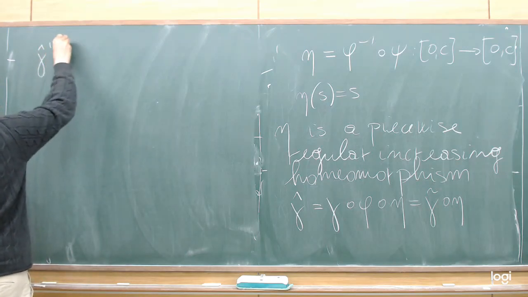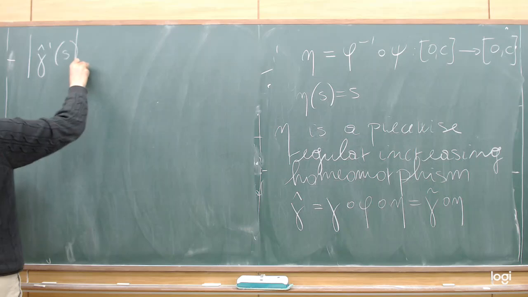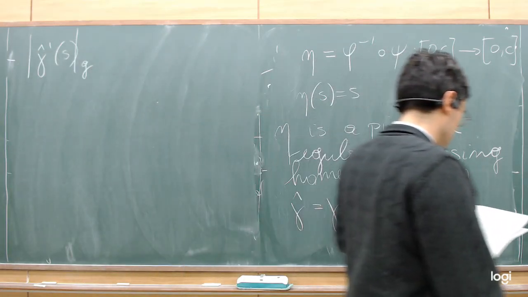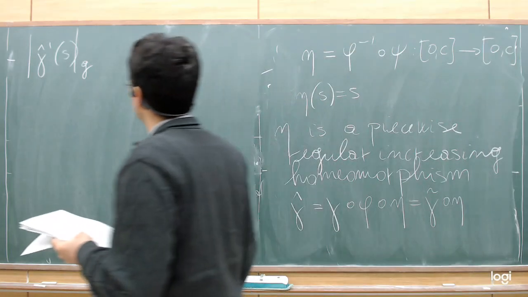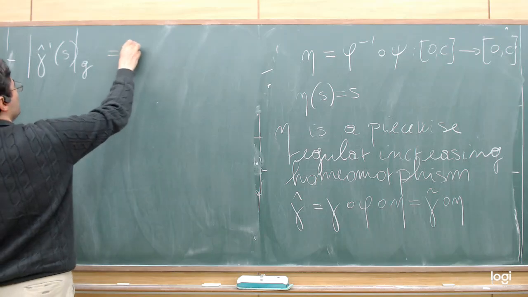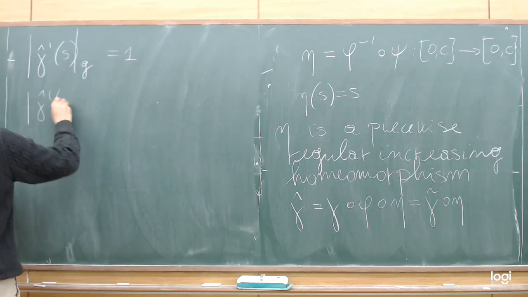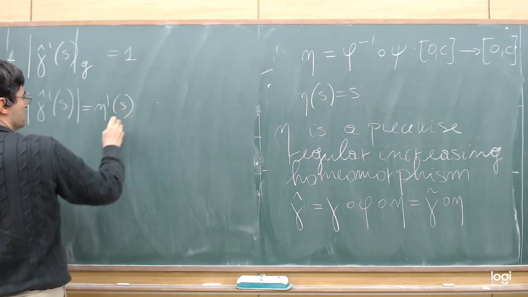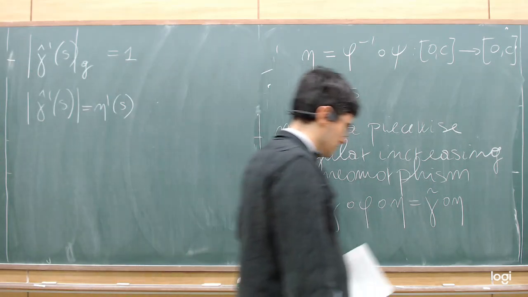Gamma hat prime of s. I want to show first that this is equal to 1, and secondly that this is equal to eta prime of s.